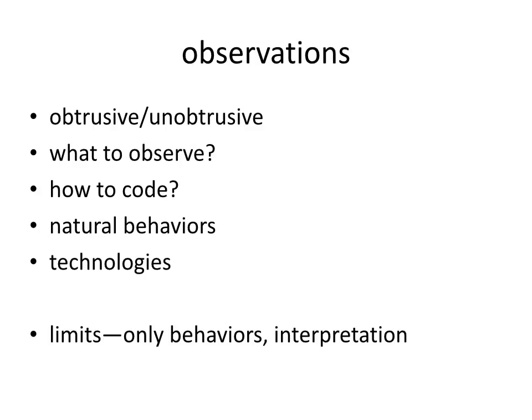And then how do I code it? If people pick up a product, what does that mean? Does it mean that they're interested in the product? Does it mean they're about to buy the product? If they turn the product around and look at it, does that mean they're more interested than if they didn't turn it around and look at it? It's difficult to interpret behaviors.